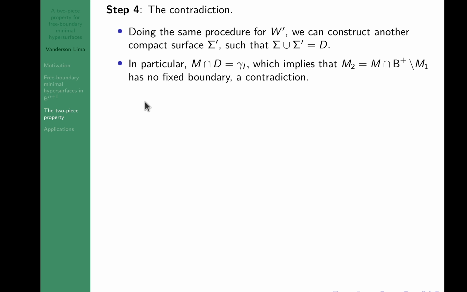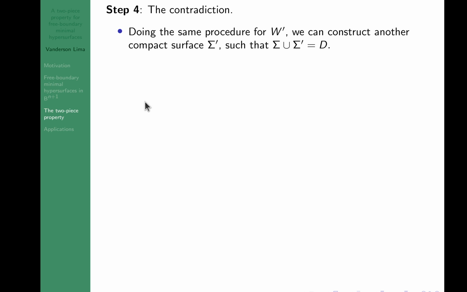But then I can consider the same process on the other domain, and I construct another hypersurface, sigma prime, and applying the same arguments as before, I conclude that the union of the two hypersurfaces is the disk D.